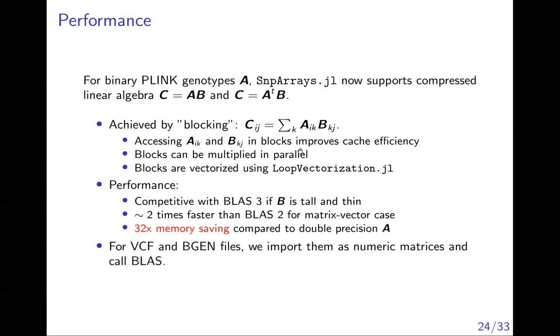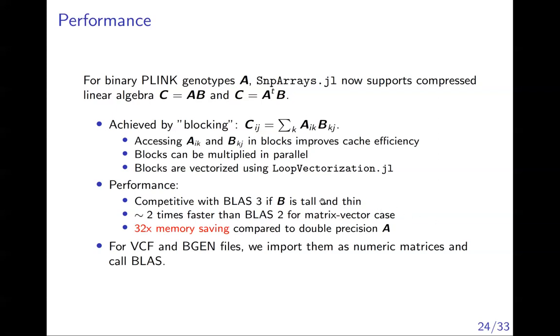And if you do this strategy, the performance is that we can do this matrix multiplication as fast as a decompressed numeric matrix if B is tall and thin, or flat, short and fat here. So it is as fast as BLAS 3 if B is not crazy. And in fact, if B is a vector, so in the univariate IHT case, the matrix-vector multiplication for this routine is usually 2 times as fast as BLAS 2.